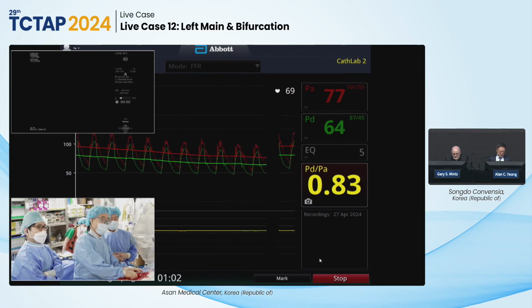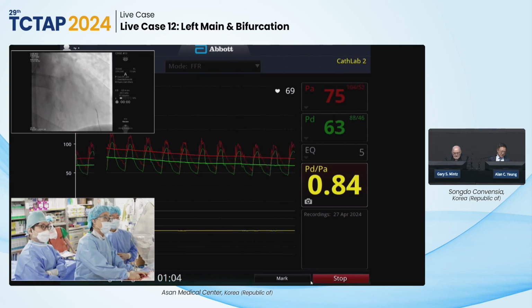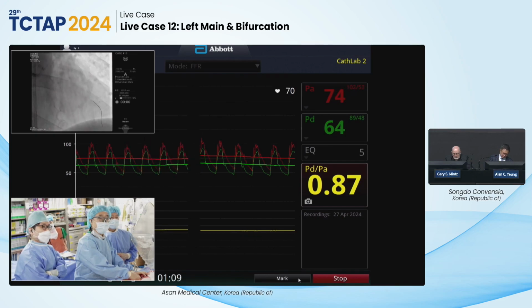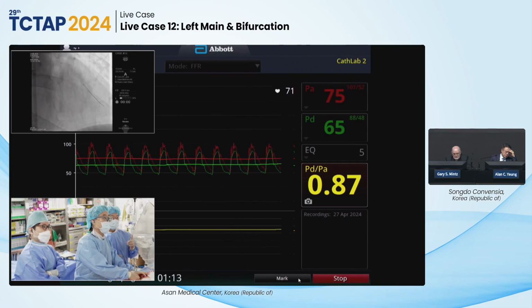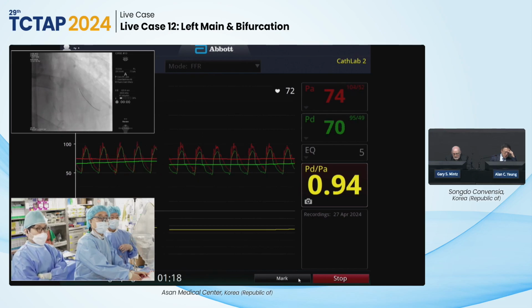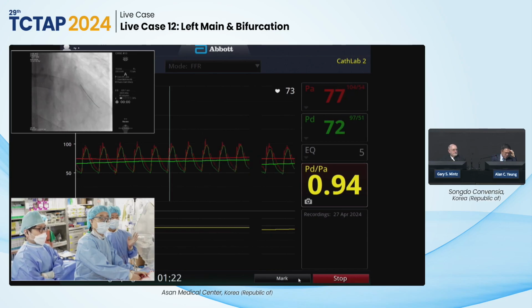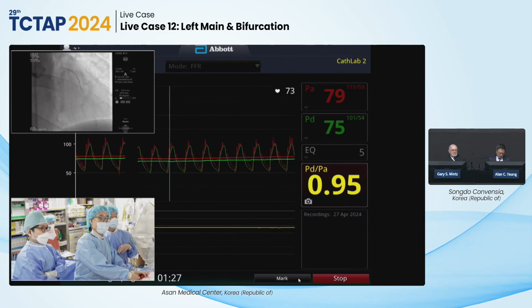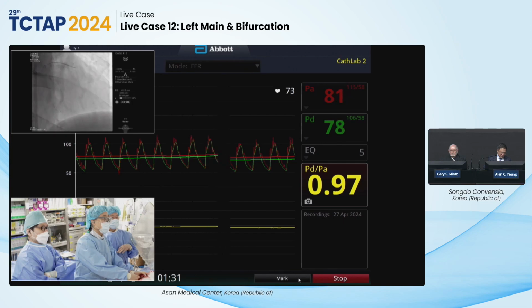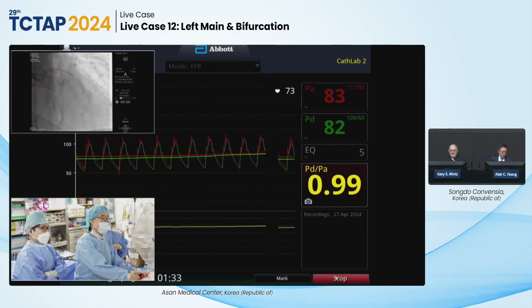Yes, and slightly pull back. 0.84, and this is some milking zone, 0.87. Just below the stent over here. Over here is 0.92, 0.94. The stent is 0.94, and the middle stent is 0.95, and just pulling back, the left main ostium is nearly 1.0.